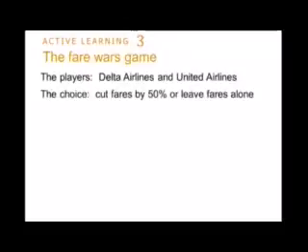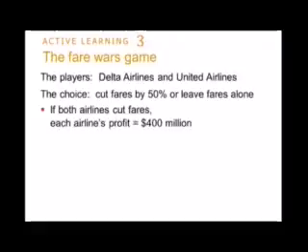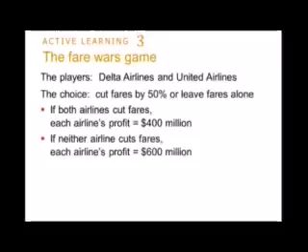So let's look at this one. Let's say there are two players, Delta and United. Their choice is to cut fares by 50% or leave fares alone. If both airlines cut fares, then each airline's profit is 400 million. If neither airline cuts fares, then each airline's profit is 600 million.